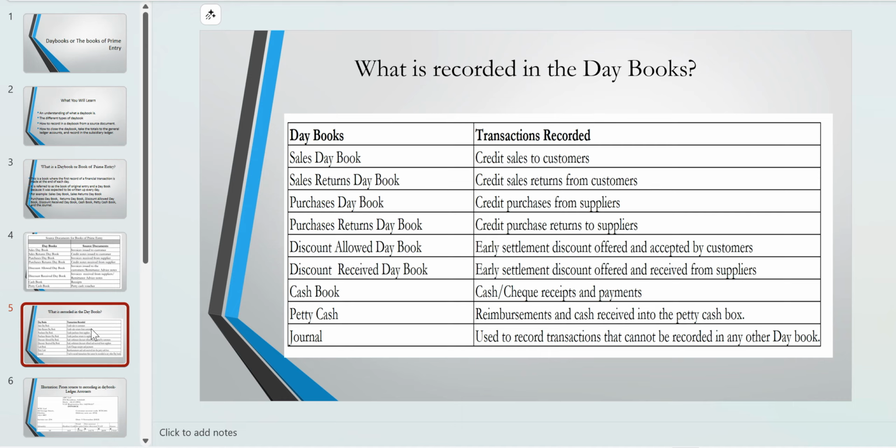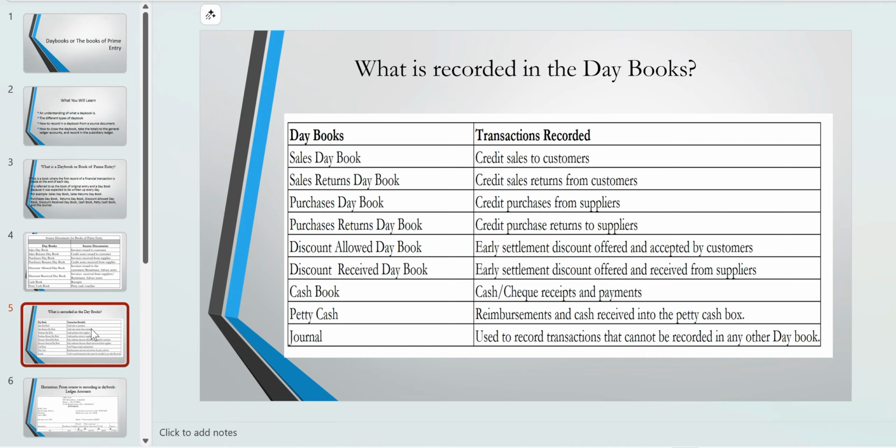In the purchases returns day book, we record credit purchase returns to suppliers. And also in the discount allowed day book, we record early settlement discounts offered and accepted by customers. In the discount received day book, we record early settlement discounts offered and received from suppliers.